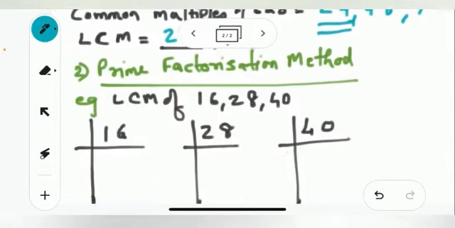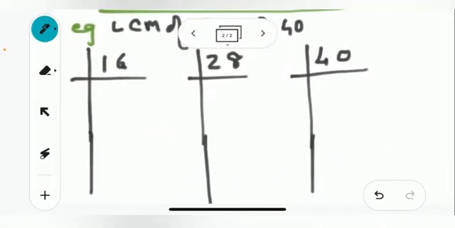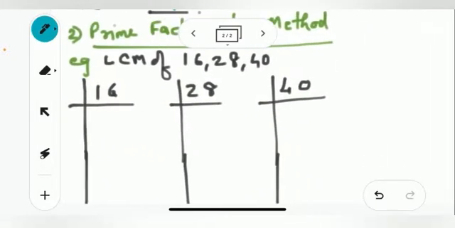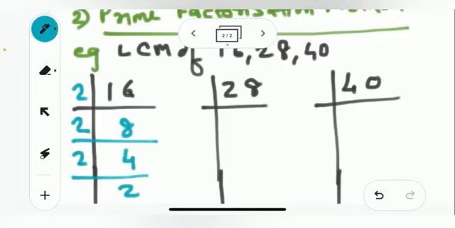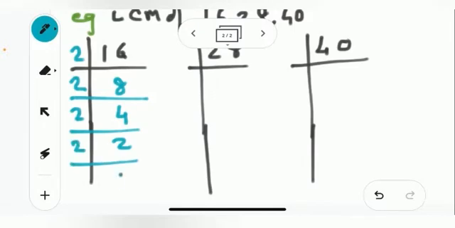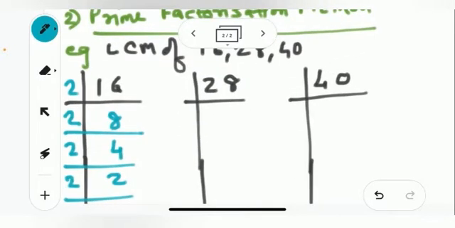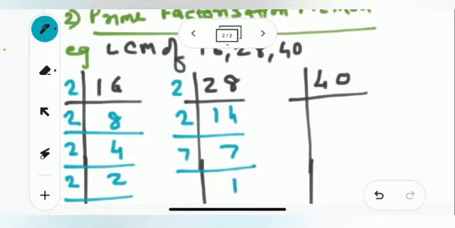Suppose for 16, I will take my 2. So 2 8s are, 2 4s are, 2 2s are, and 2 1s are. Here if I see for 28, 2 14s are, 2 7s are, 7 1s are.